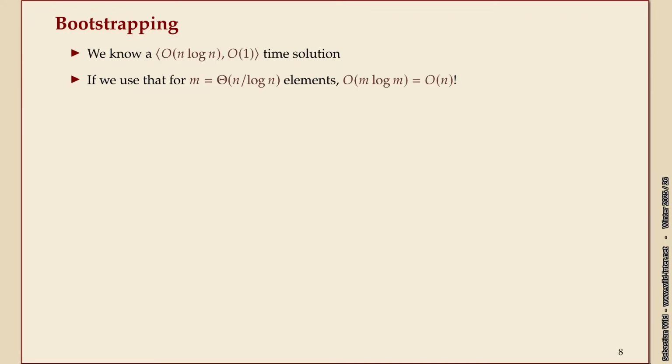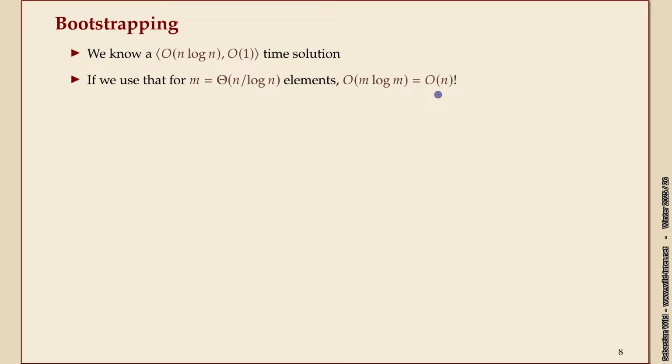Now, I think we also discussed this last time, but let me start here again. With the sparse table solution, we have a solution that uses n log n pre-processing time and then gives us constant query time. We can use this as a black box on an input with a smaller number of elements to bring the processing time down to linear.